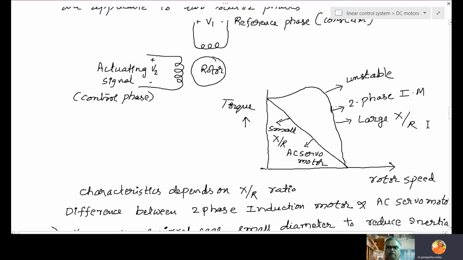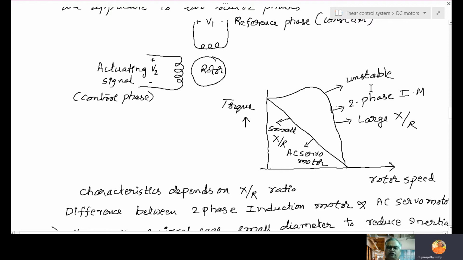That is possible by reducing the X by R ratio. So the small change in features is that they design it in such a way that this X by R ratio becomes small, then the characteristics are like this. It will become stable. We call this an AC servo motor.